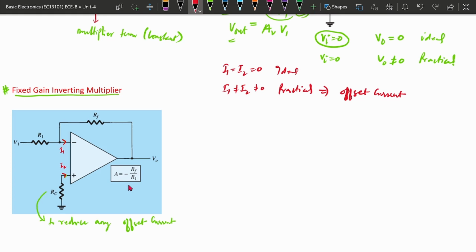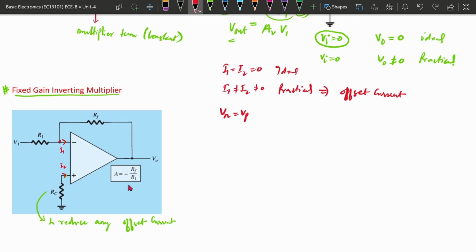When there is some current flowing through this terminal, we need to make sure that Vn is equal to Vp. To make this equal, we need to connect a resistance so that whatever voltage drop occurs here, a similar voltage drop occurs here also. That's why a resistance is used in practical circuits, connected to the non-inverting terminal. This is overall the circuit of the fixed gain inverting multiplier.